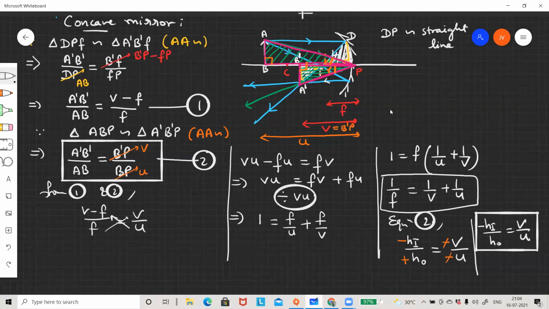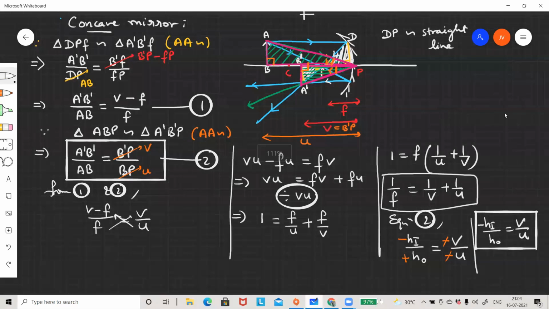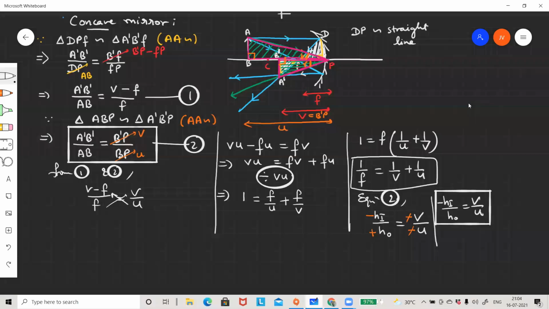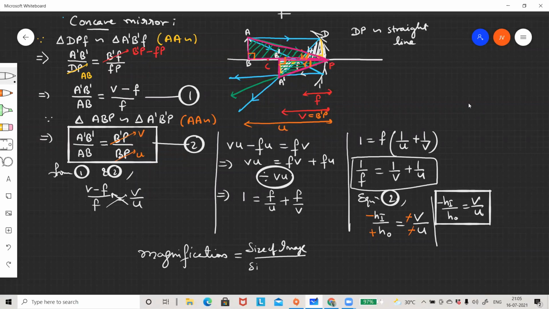I didn't tell you what is magnification, right? Just a moment. We have a definition for magnification. Magnification of a mirror or lens is the ratio of the size of the image to the size of the object.